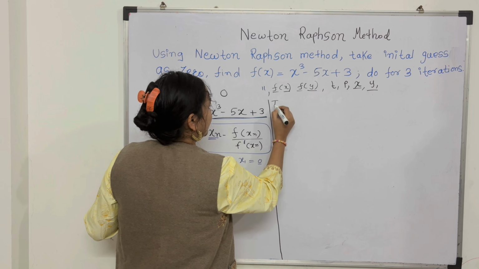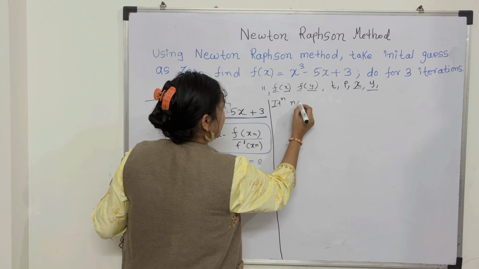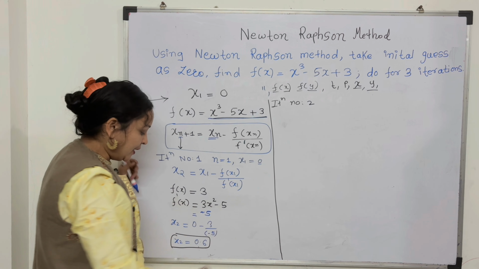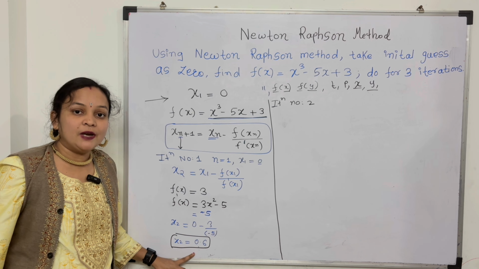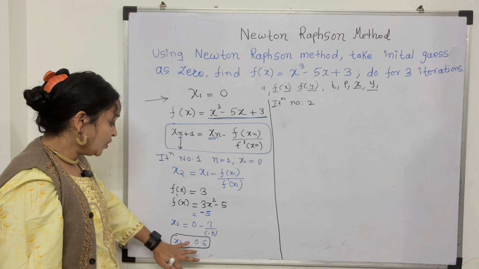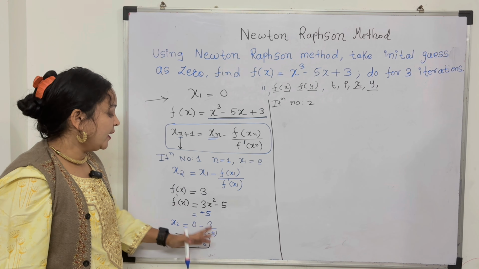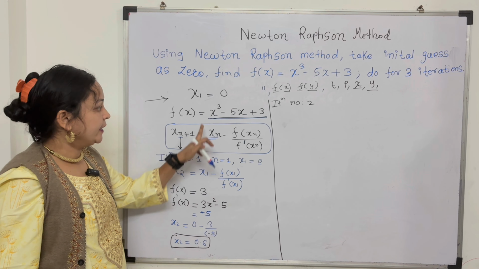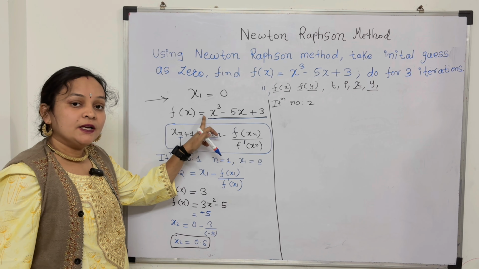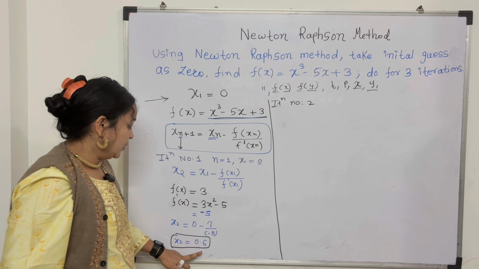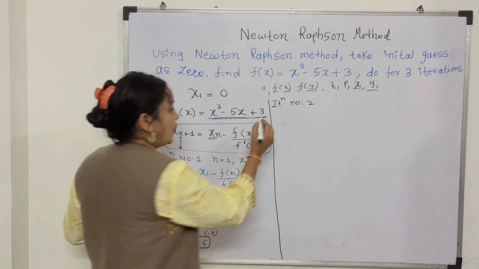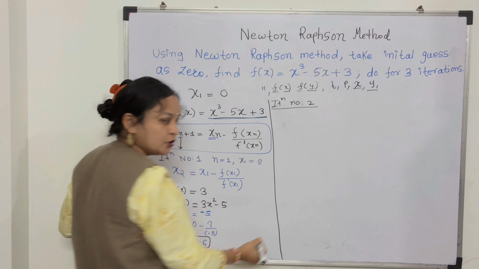So for iteration number 2, you get this value as the new value of x. You are supposed to put the 0.6 into this equation. Now just go for iteration number 2.